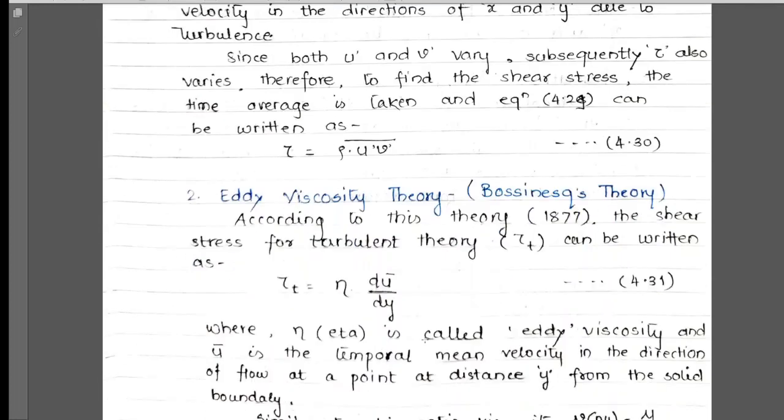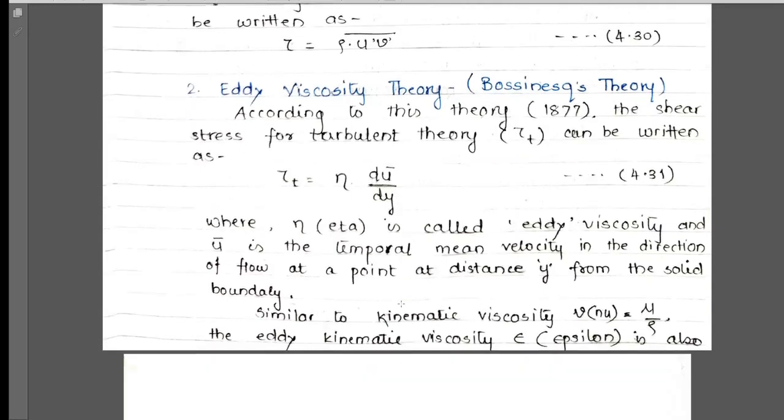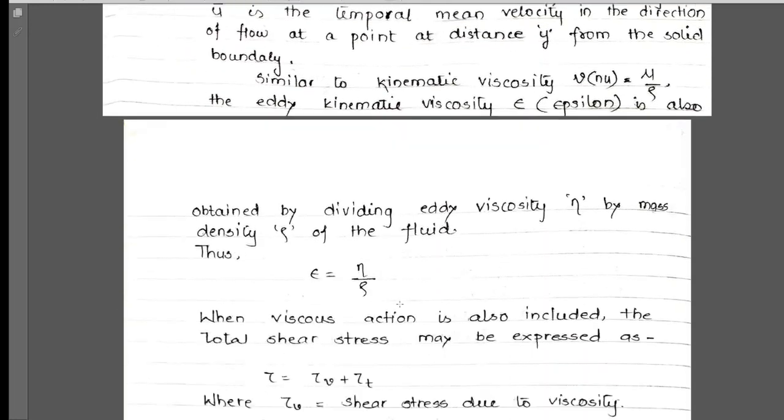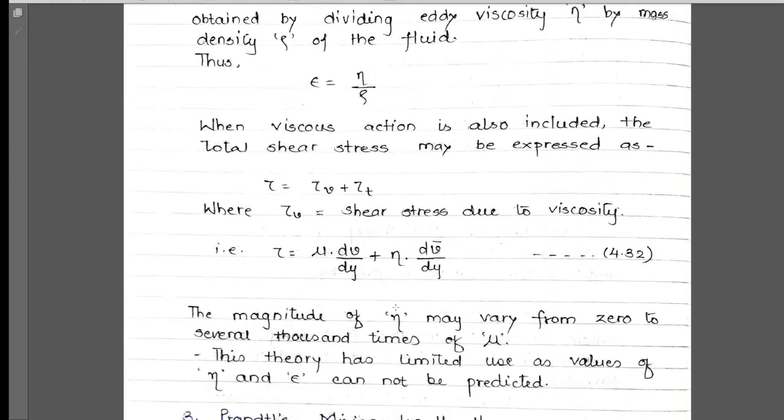And second was eddy viscosity theory, which is also called Boussinesq theory, that was given by eta into du bar by dy. And if the shear stress due to the laminar sublayer was considered, the expression for the shear stress is equal to mu into du by dy plus eta into du bar by dy.